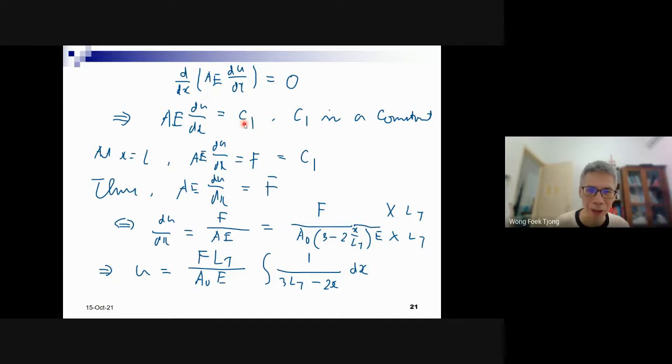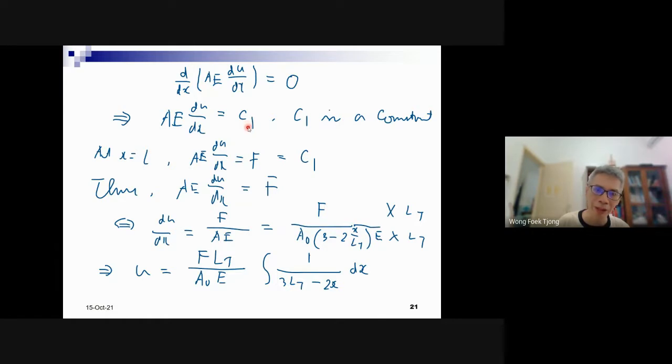But the constant is not yet known. It's called an arbitrary constant or integration constant, because actually we integrate this. But we can determine the unknown constant from the boundary conditions.